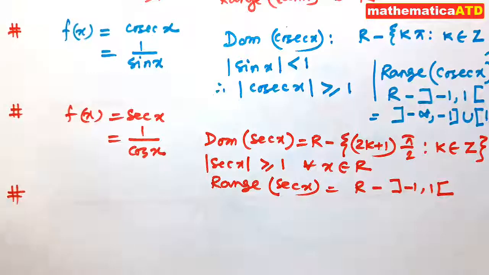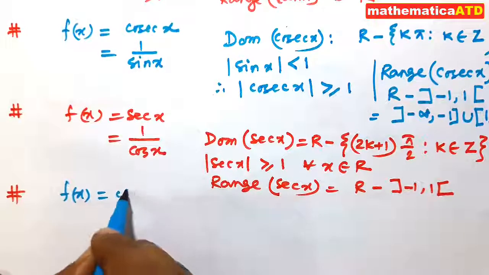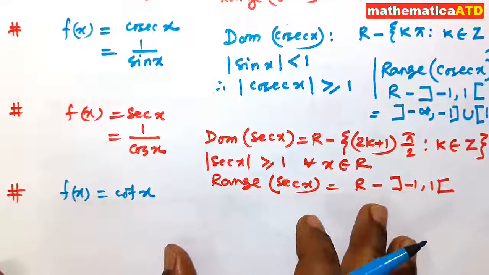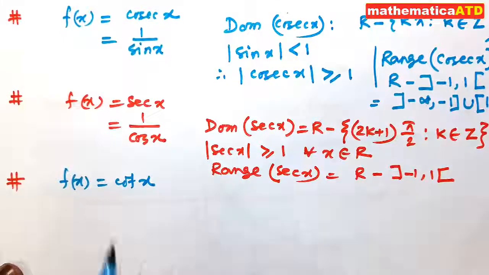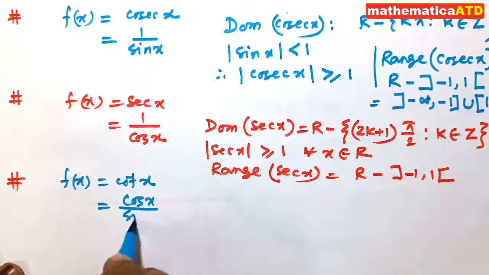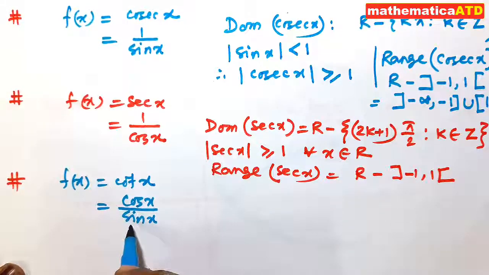Let us consider that f(x) is equal to cot x. Okay. So this is the cotangent function. Now what is cot x? Cot x is equal to cos x divided by sin x. Now cot x, that means cos x by sin x, is not defined when the denominator is equal to 0. That means sin x is equal to 0, isn't it?